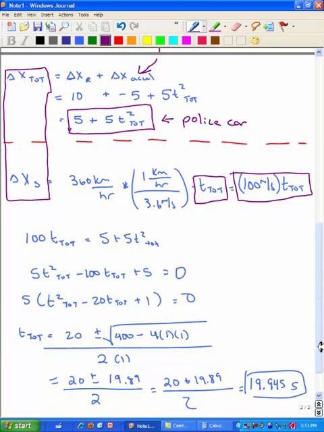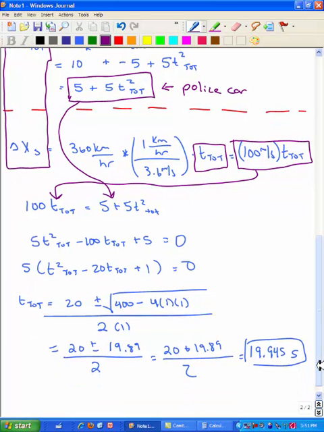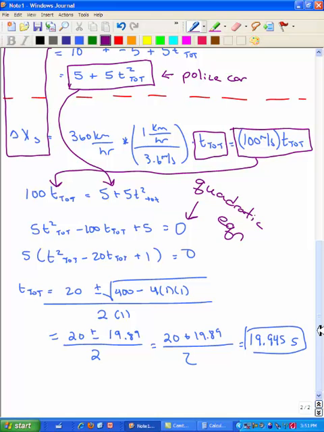Therefore, we set those two equations equal. Take this value, plug it here, and this value, and plug it here. We then rearrange this and set it equal to 0. We get a quadratic equation. That quadratic equation is then solved using everyone's favorite, the quadratic formula.